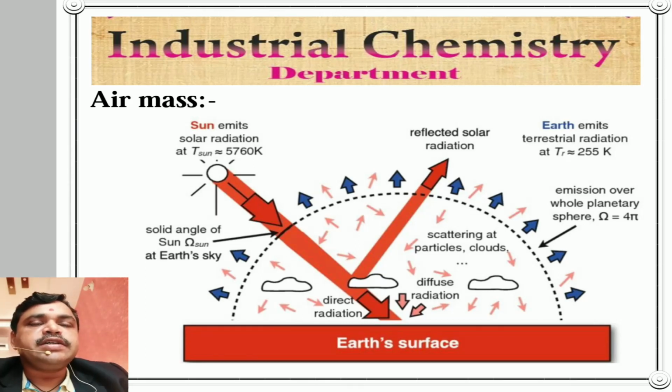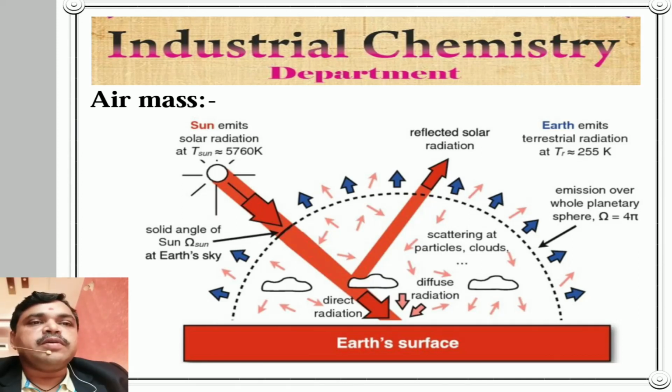Here is the structure of air mass. In the figure we show the sun emits radiation and it passes through our Earth's atmosphere and goes to the Earth's surface.